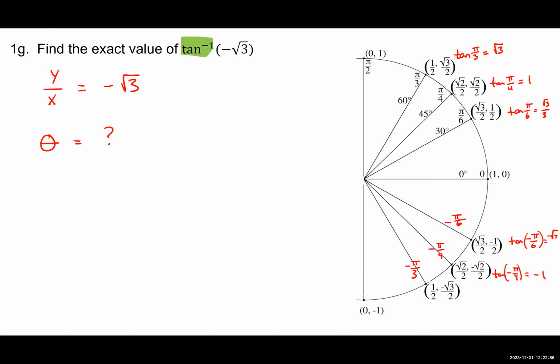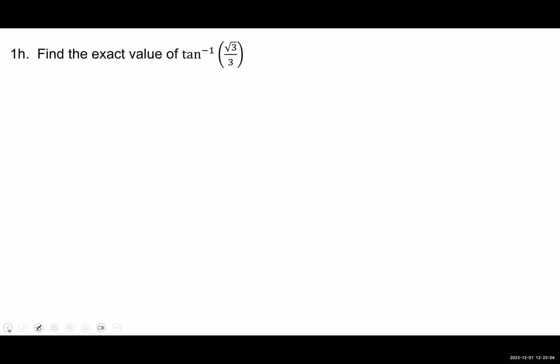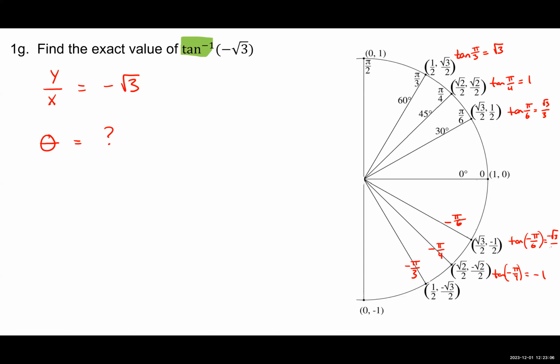Oh yeah, negative root 3 over 3. That's right. Sorry, I'm trying to squeeze it in here at the very edge of the screen. And the tangent of negative pi over 3 is a reflection of tangent of pi over 3. So that's going to be negative square root of 3. Now, it's helpful to write these values.